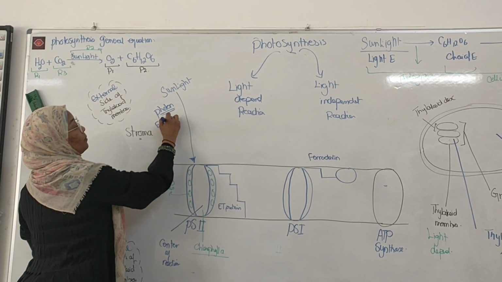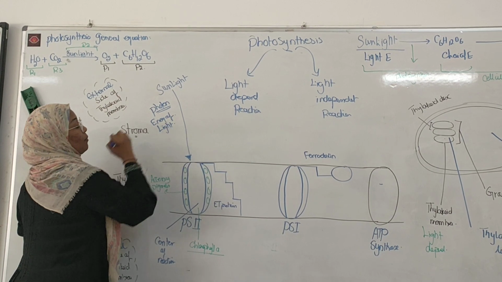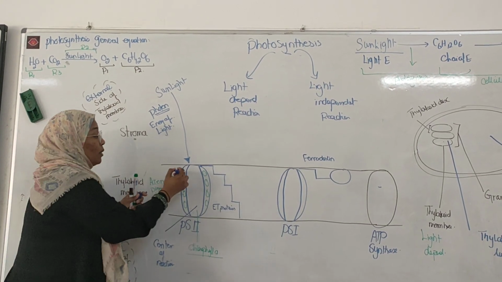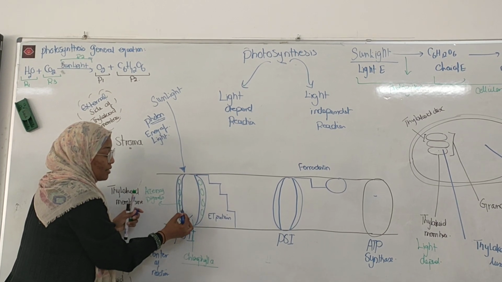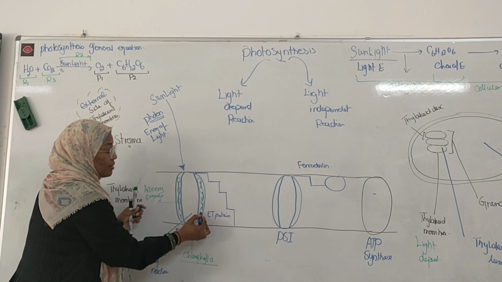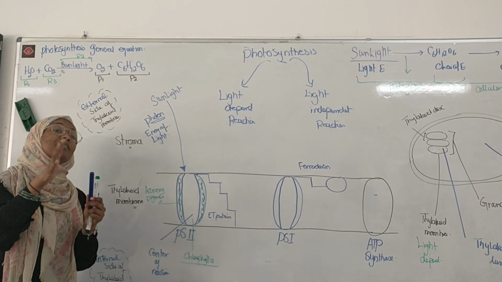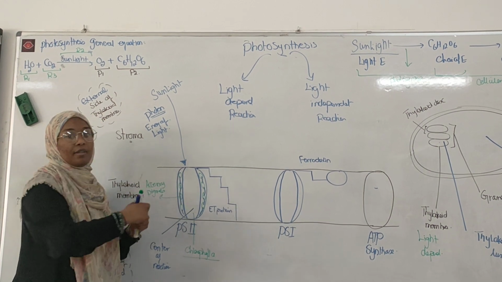It's an energy of light. This photon will be transferred from one accessory pigment to the other, and later on they will transfer the energy to the center of the reaction.